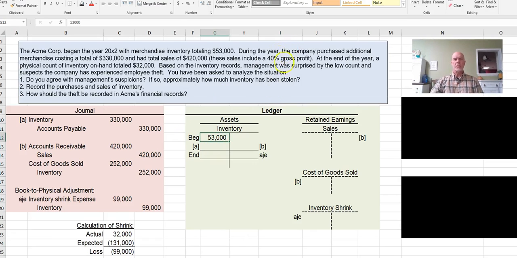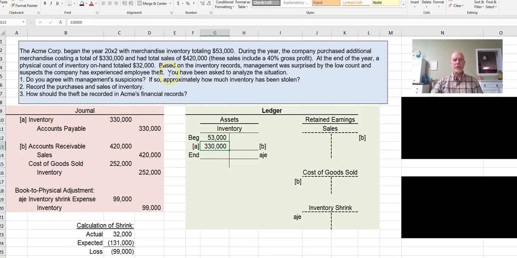During the year, the company purchased additional merchandise costing a total of $330,000. So we debited inventory, credit accounts payable for $330,000. So I'm going to go ahead and put that debit into the inventory account. I'm just keeping up with a few of the accounts here that are relevant to this discussion.